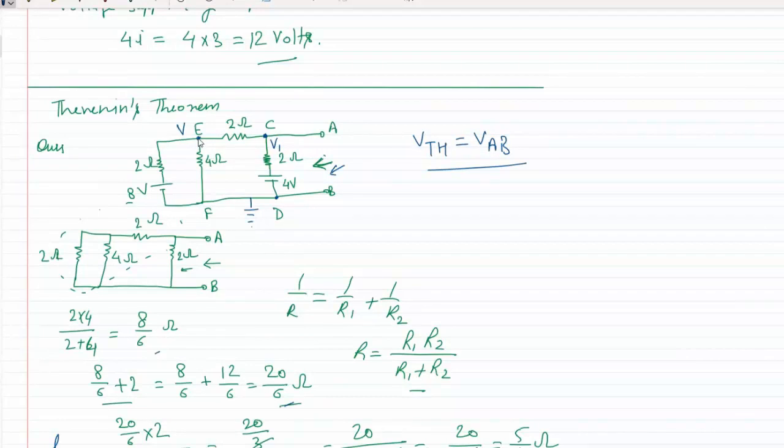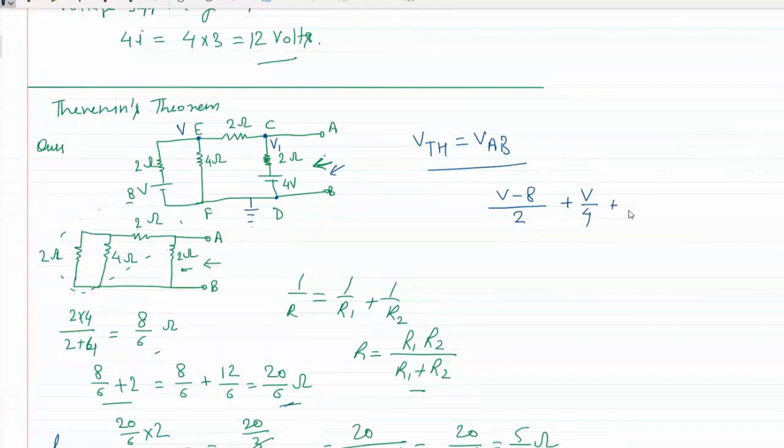What is it? (V minus 8) upon 2 plus V upon 4 plus (V minus 4) upon 4 is equal to 0.